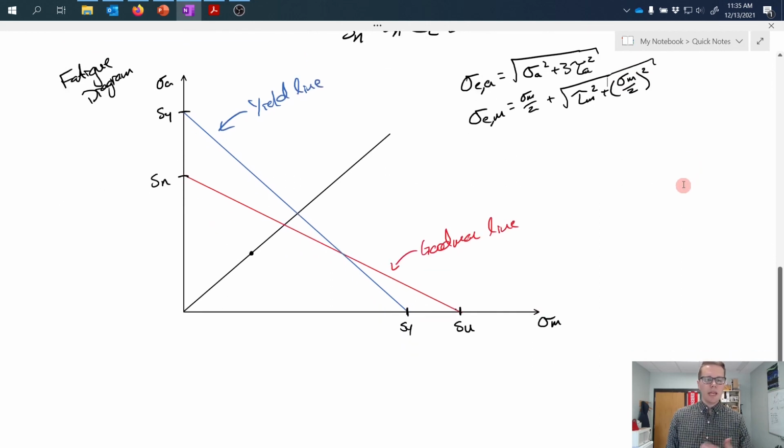So then, taking a look at this chart, one thing we can make note of is that if my dot is traveling purely along the x-axis, that would correspond to static loading.